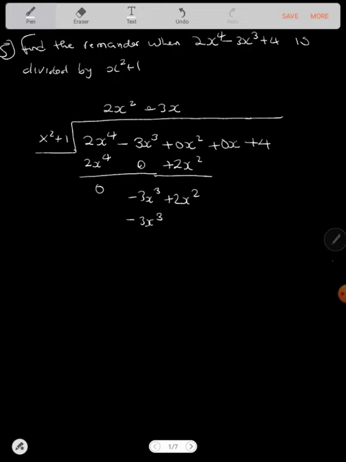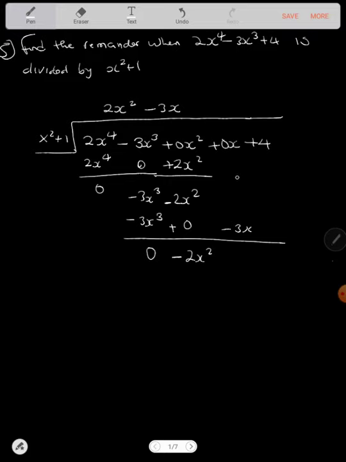When you multiply this, you won't get squared here, so this answer must come exactly where it says negative 3x. That means we have 0 here, and 0 there. Sorry, it's supposed to be negative actually here, and positive here, so that you have negative there.